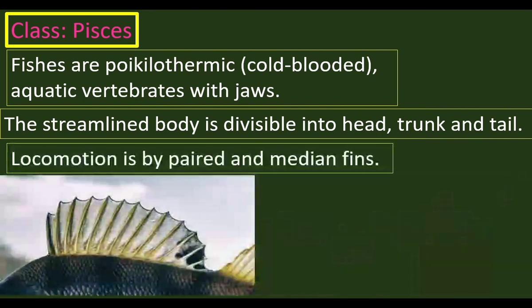They move with the help of paired and median fins. This is median fin. Median fin arises at the middle. Paired fins are two, one on the left side and the another on the right side. Fins are the locomotor organs of fishes.